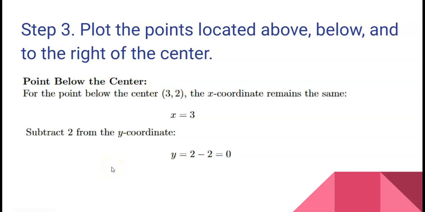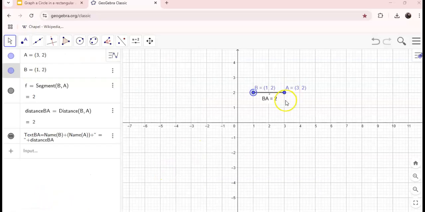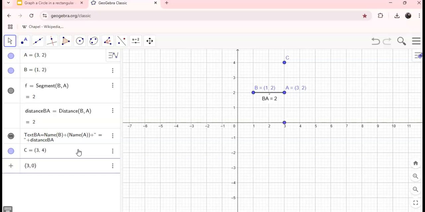Below is negative. So y is equal to 2 minus 2, which is 0. So the point below the center is (3, 0). Here in GeoGebra, the point above the center is (3, 4) and the point below the center is (3, 0).